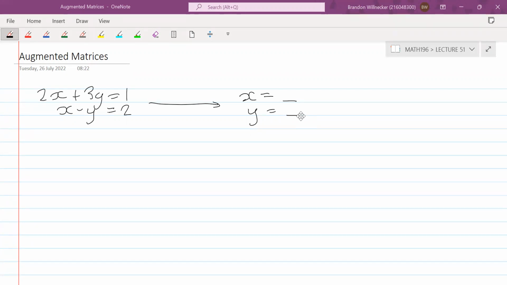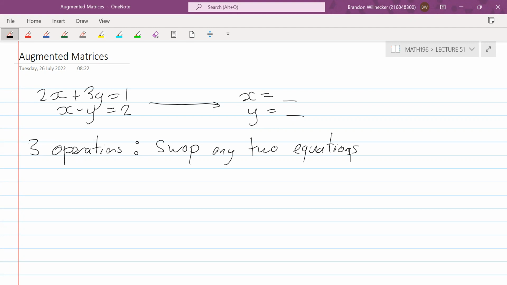Okay, and then the three operations, let's just summarize those. Those were swap any two equations, multiply or divide an equation by a constant.